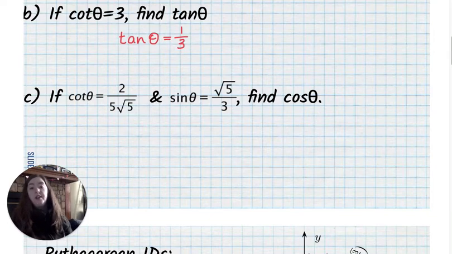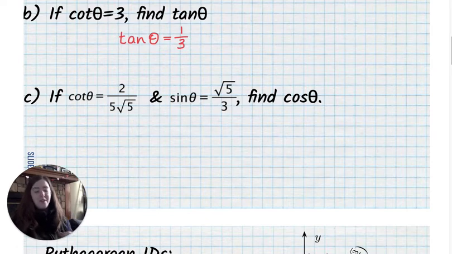Now let's go a little bit more complicated, having to use that quotient identity. So it says that cotangent is 2 over 5 square root 5, and sine is square root of 5 over 3, find cosine. So where some kids start to run into issues on these is they start to think of cotangent is cosine over sine very, very specifically.